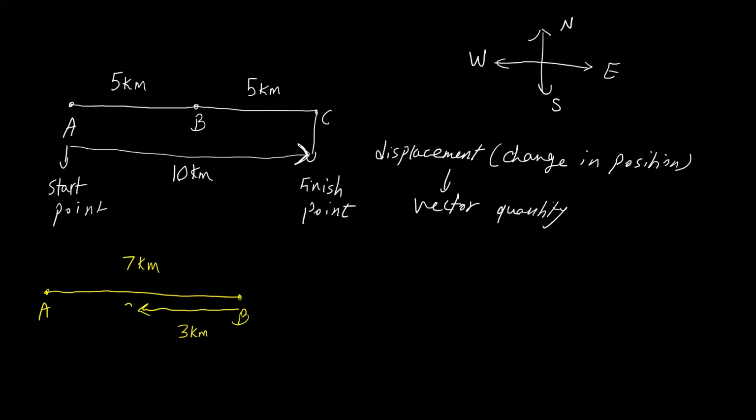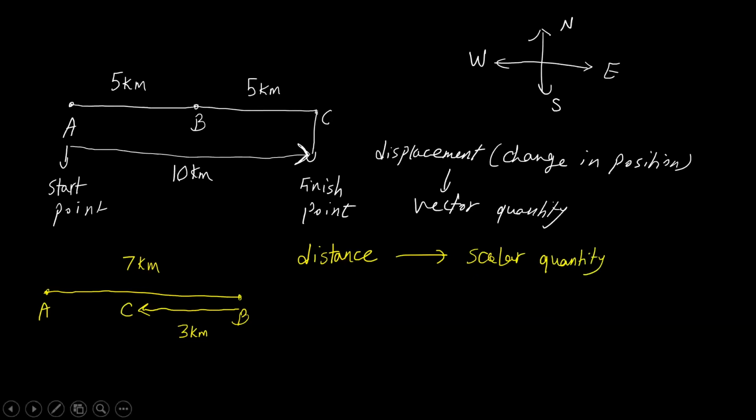And I get to point C. In this case, if you only want to talk about the magnitude, you say, okay, 7 kilometers plus 3 kilometers is 10 kilometers running. It doesn't matter which direction I ran. The only thing that's important is the magnitude. So when we only talk about magnitude, we say we are talking about distance traveled. So distance is a scalar quantity.